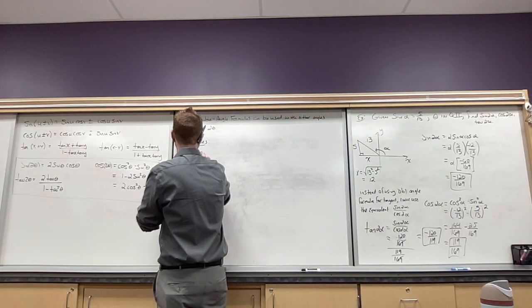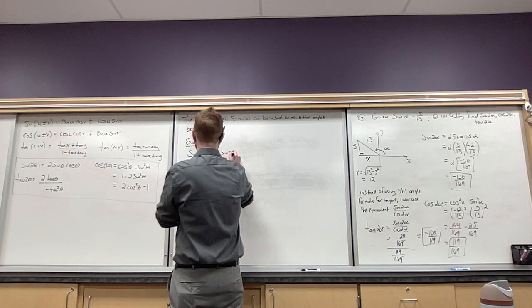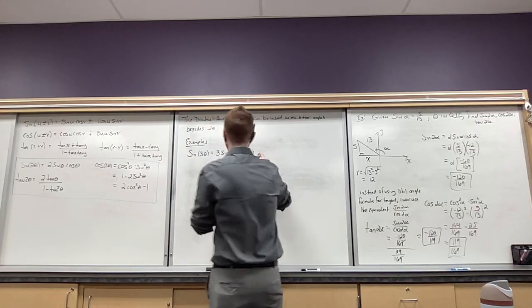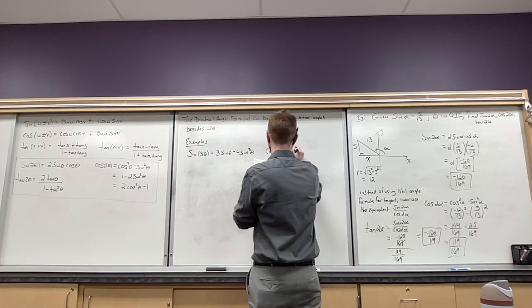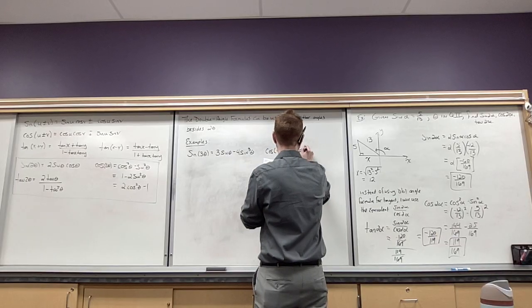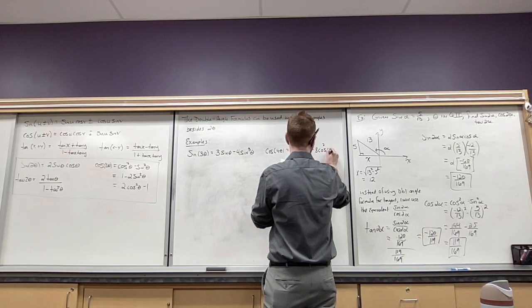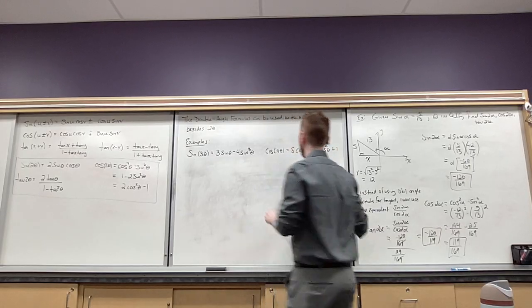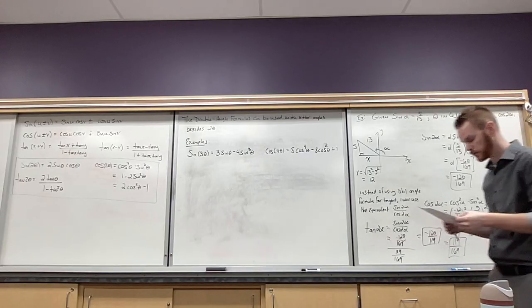So sine of 3 theta, I can use the double angle formula, and I get something like this. Another one, I could do cosine of 4 theta. If I simplify using the double angle formula, I get something like this. There. Okay, so you do come up with some really cool type of formulas.